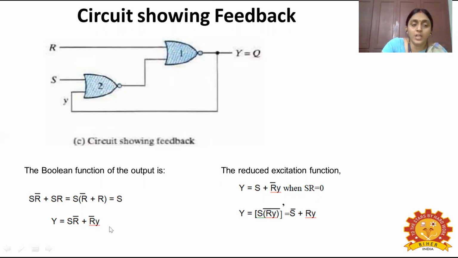The Boolean function of the output is given by SR dash plus SR, which is equal to S into R dash plus R, which is nothing but S. So the output Y can be given as SR dash plus R dash Y. Now the reduced excitation function for this particular Boolean function can be given as Y is equal to S plus R dash Y when SR is equal to 0, and Y dash is equal to S dash R plus RY dash.